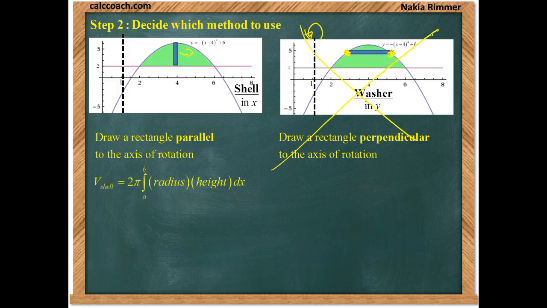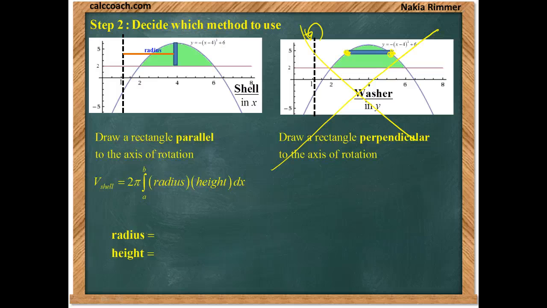The formula for shell, in x, requires us to find the radius and the height. And so the radius is a line that goes from your axis up to that rectangle. When we're moved away from the y-axis like this, it must be an addition or a subtraction of two quantities.